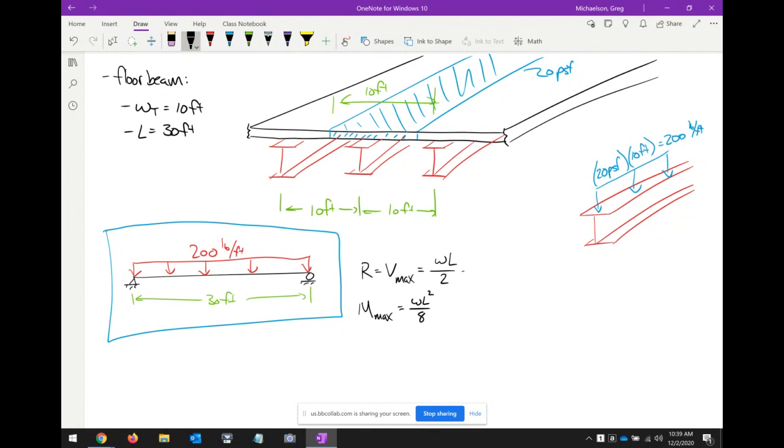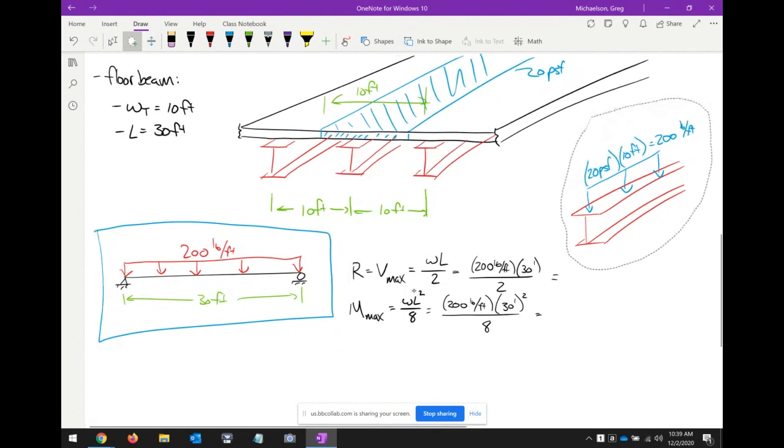And while we're at it, let's go ahead and compute a couple of these. So this is 200 pounds per foot times 30 foot over 2. 200 pounds per foot, 30 foot squared over 8. Let me move this up so it's out of the way.